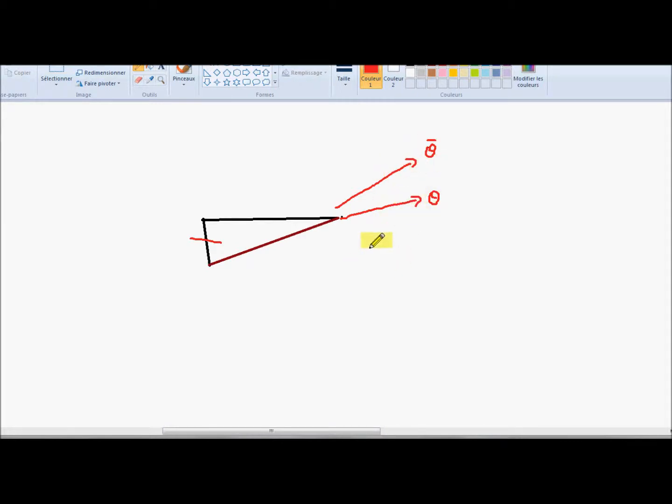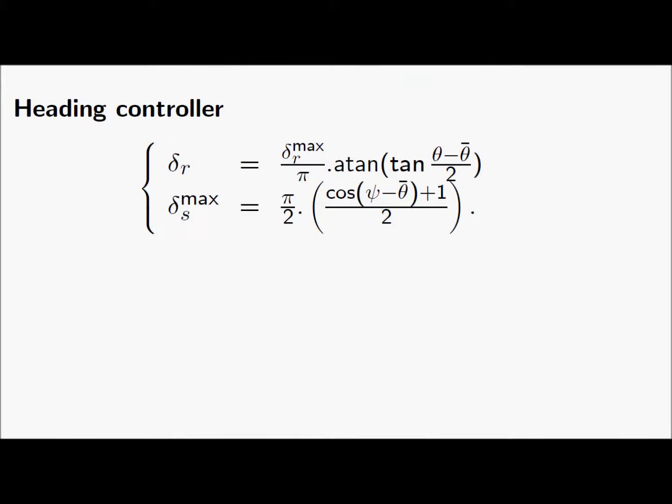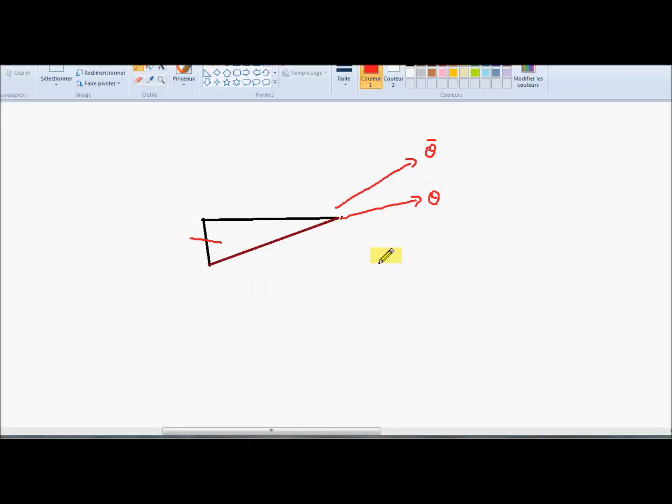Normally, a classical controller would be to say that the angle for the rudder that I can tune, which corresponds to U1, should be something like a coefficient K times theta bar minus theta. So it is a classical proportional controller.